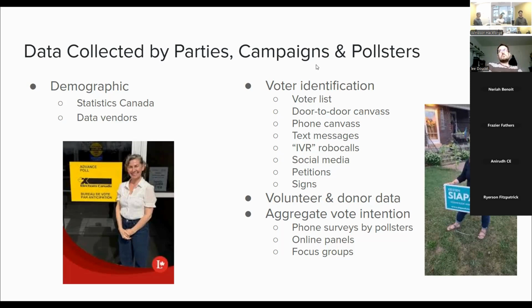And this is an opportunity too, I think, to talk a little bit about riding level projections. You may be familiar with the projections that are put out by some people. 338 Canada is one of the more famous ones. What 338 does is take all of the polls, or at least a basket of polls, and aggregate those polls, feeding them through a mathematical model that takes into account not only the polling information, but previous polls and past election results, and I'm sure other things.